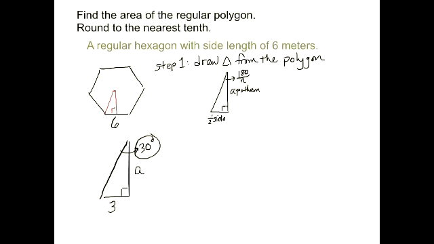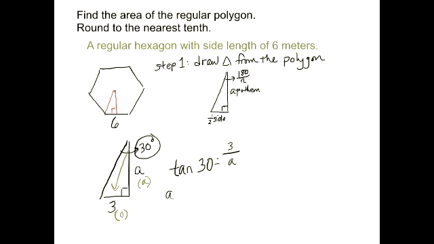If you're not sure about how to use trig, you need to watch another lesson about trigonometry. But what I'm going to do is circle the angle I'm working from and label my sides. I've got my opposite here, and I've got my adjacent here. So that's going to be tan. We have tan of the angle 30 equals opposite, which is 3, over A, which is my adjacent side, which also happens to be the apothem.